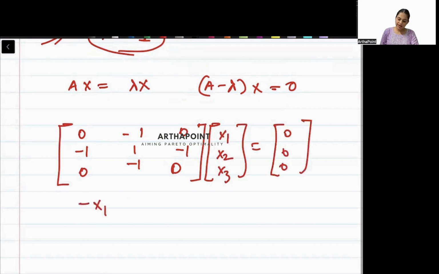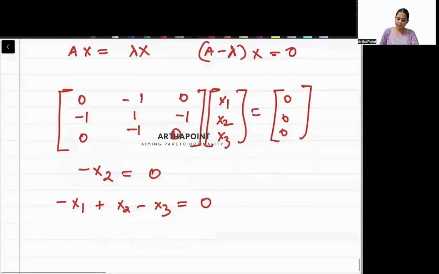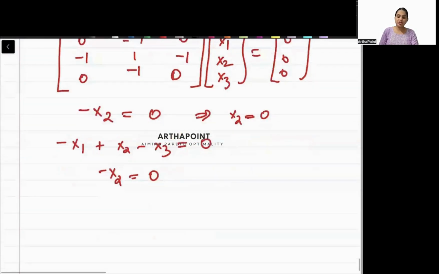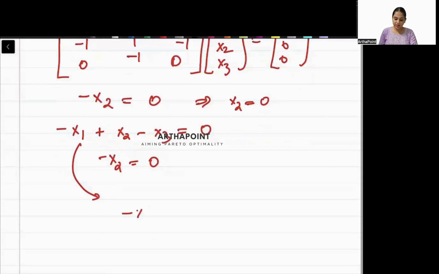So I will get minus x2 is equal to 0, minus x1 plus x2 minus x3 is equal to 0, and minus x2 is equal to 0. So for sure I have got x2 as 0. And if x2 is 0, I will just put 0 here. So I will get minus x1 minus x3 is 0.